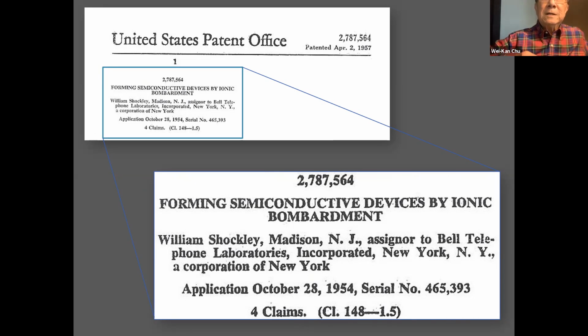Andy Grove was a follower of William Shockley, a spin-off from that. Also, Andy Grove comes from Hungary. During the Hungarian Revolution, some of the high school students were walking on the street, trying to start a revolution toward the Hungarian government.